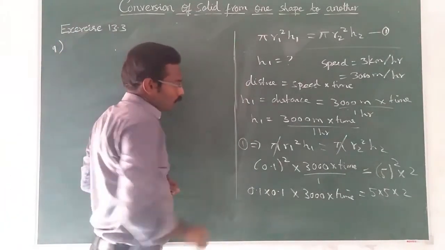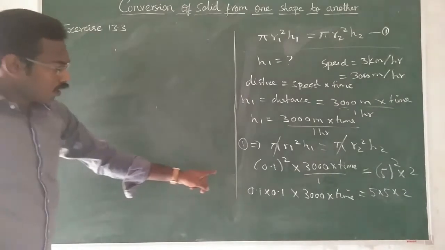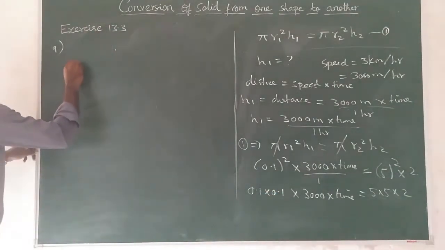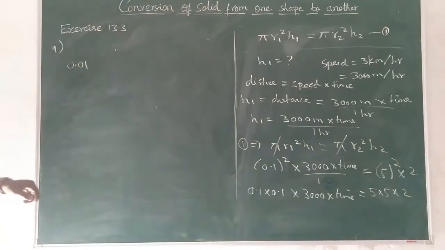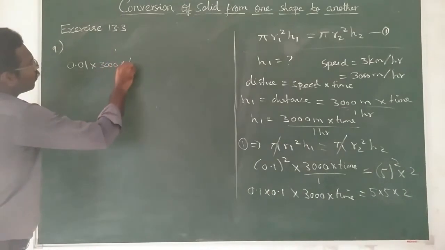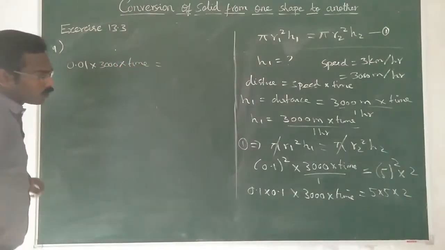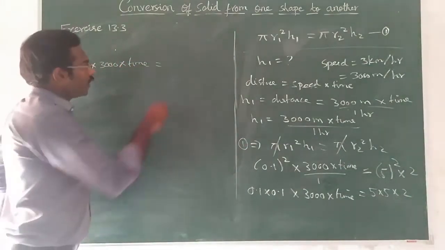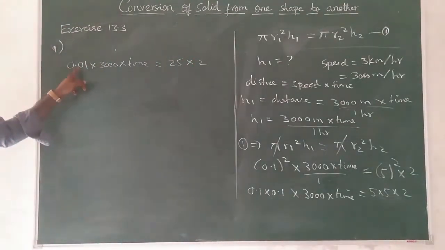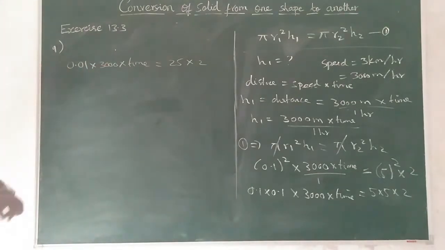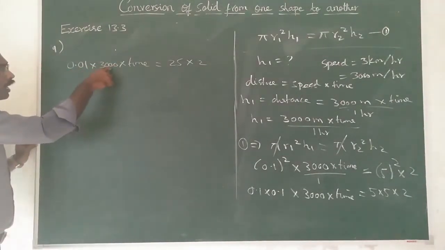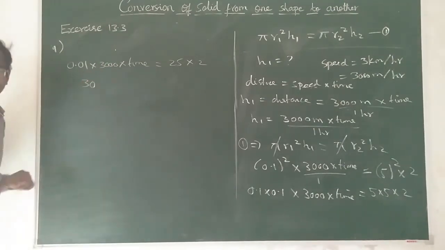Now 0.1 into 0.1 is nothing but 0.01. 0.01 into 3000 into time is equal to 5 into 5, 25, 25 into 2. If you multiply 0.01 into 3000, two digits to the left, you will get simply 30.